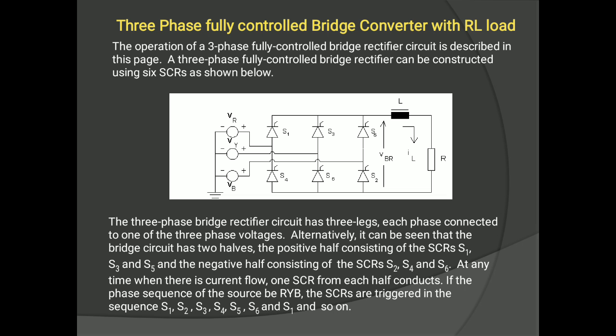The positive half consists of SCRs S1, S3 and S5, and the negative half consists of S2, S4 and S6. At any time when there is current flow, one thyristor from each half conducts. The phase sequence is RYB and the SCRs are triggered in the sequence S1, S2, S3, S4, S5, S6 and S1 and so on.